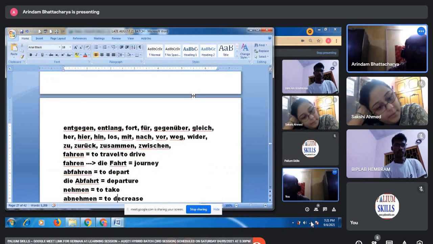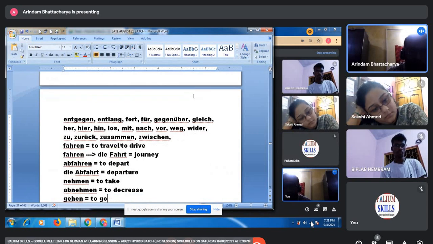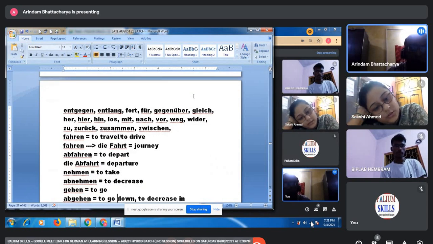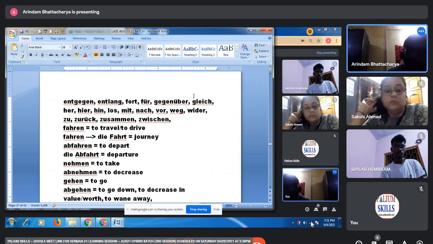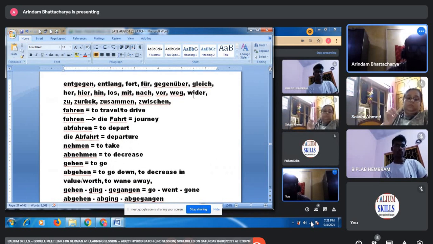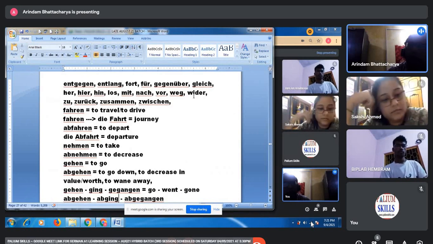Nehmen, to take; abnehmen, to decrease, to take away. Gehen, to go; abgehen, to go down, to decrease in value, to wane away. The moon wanes away. So geht ab. Gehen, ging, gegangen, go, went, gone. Abgehen, abging, abgegangen.